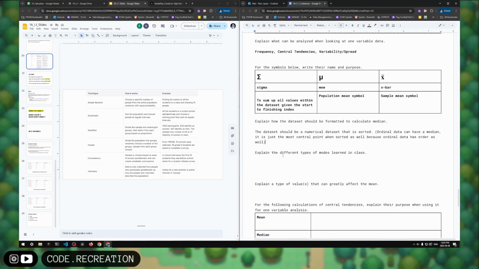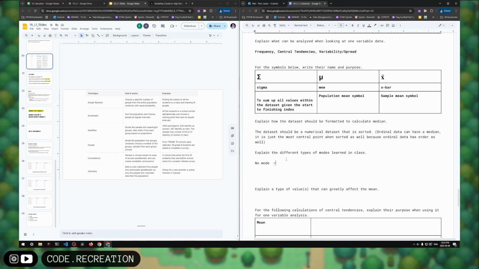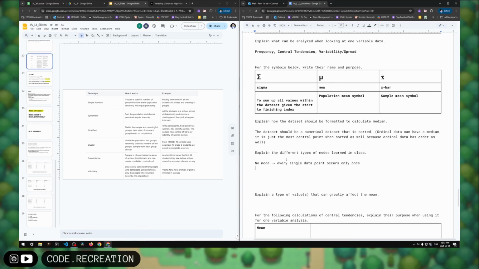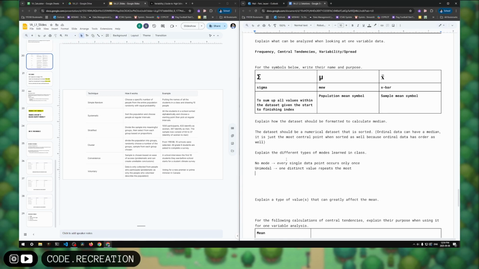Okay. Different types of modes learned in class. So there's no mode: every single data point occurs only once. Unimodal: one distinct value repeats the most.